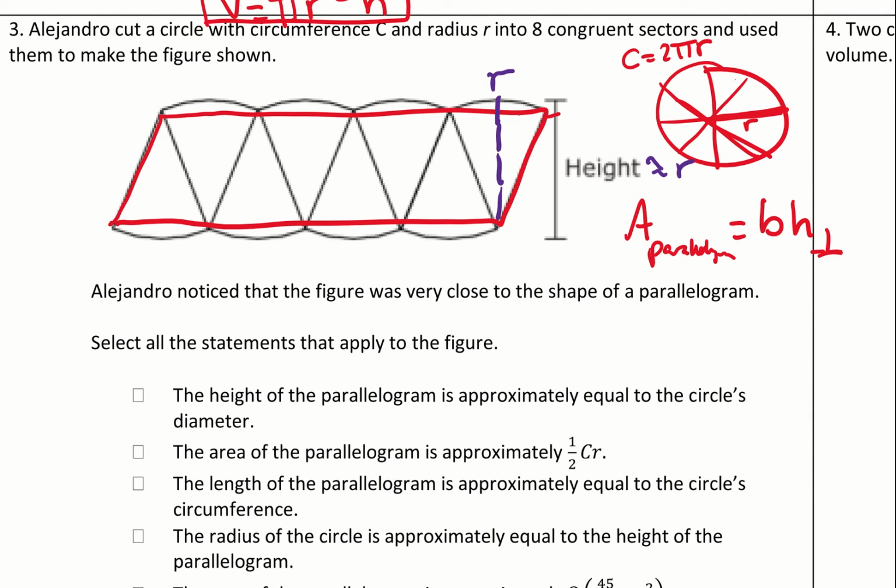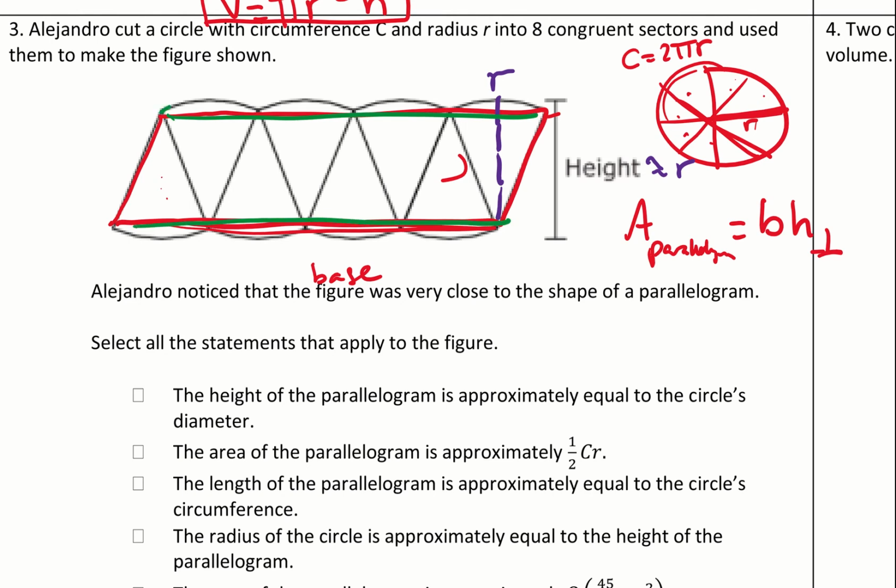And as far as the base is concerned, that's our base right there. We want to note that when you cut out all of these sectors and place them side by side in a row, the sum of these two parts must be the circumference of the circle.